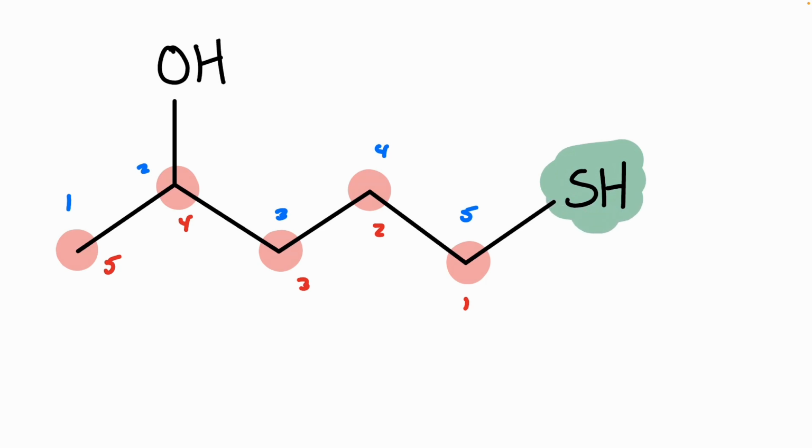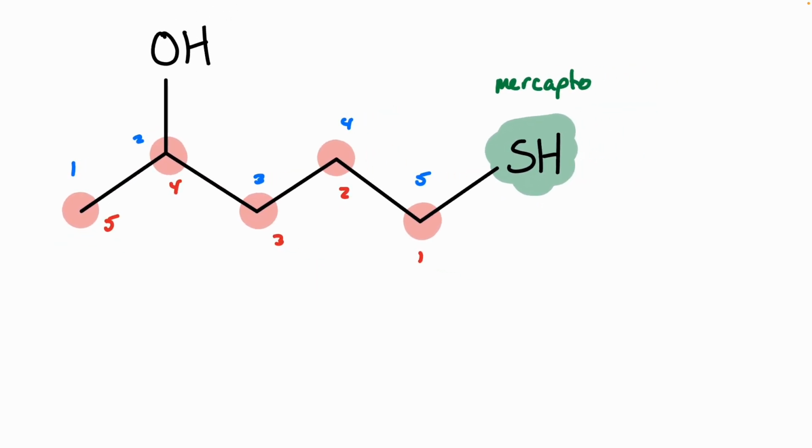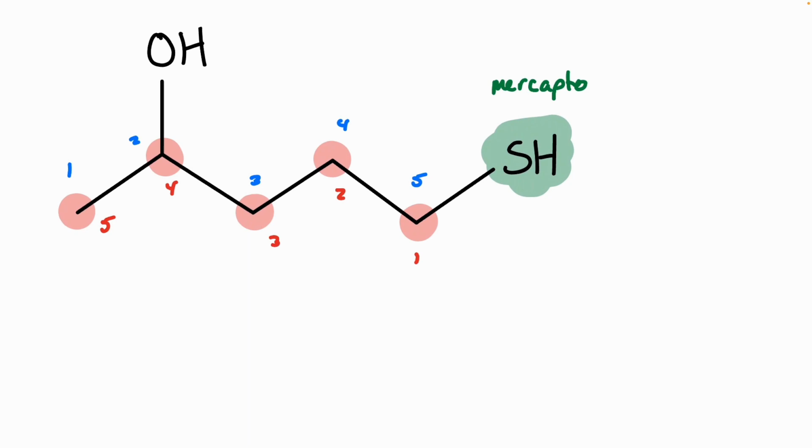It is just another substituent, what we would refer to as a mercapto group. When I put my name together, the only thing I care about is the position of that highest priority alcohol group. So this would be 5-mercapto-2-pentanol.